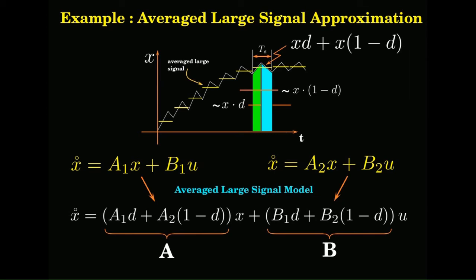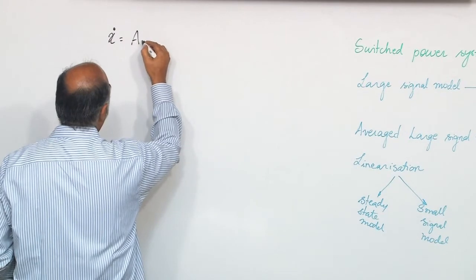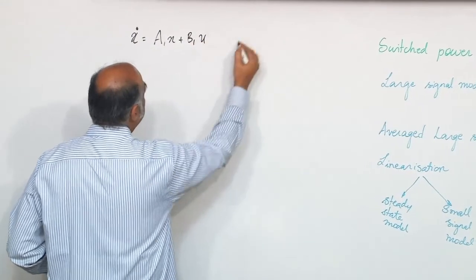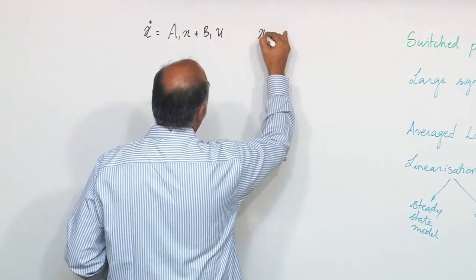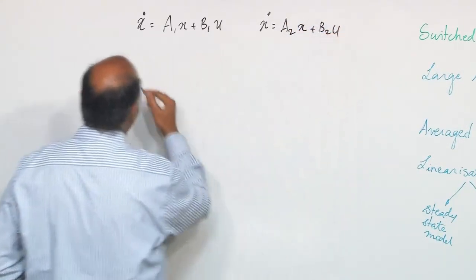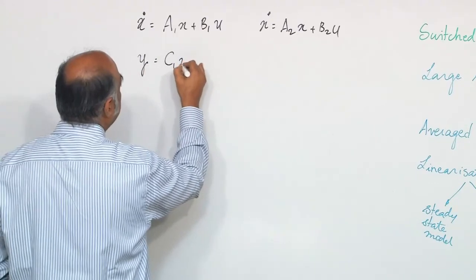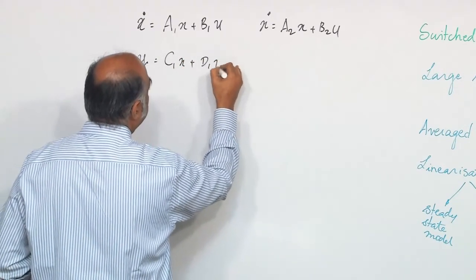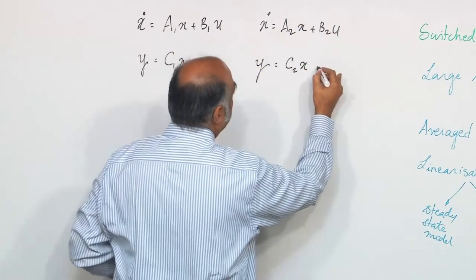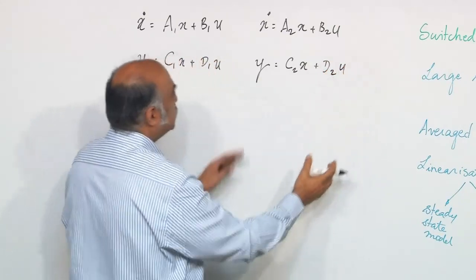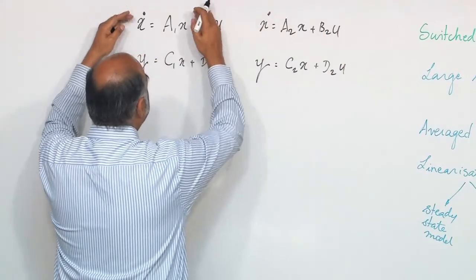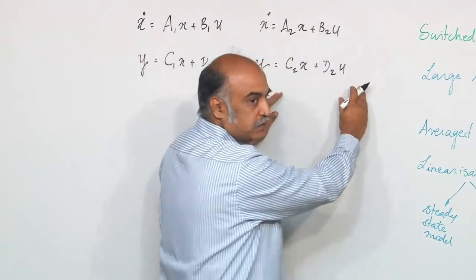So if I have x dot is equal to A1x plus B1u, x dot is equal to A2x plus B2u, it is valid for all, even if you are taking y is equal to C1x plus D1u, y is equal to C2x during that interval, plus D2u. So this is a mutually exclusive set: state equation, output equation, state equation, output equation. So that is still valid.